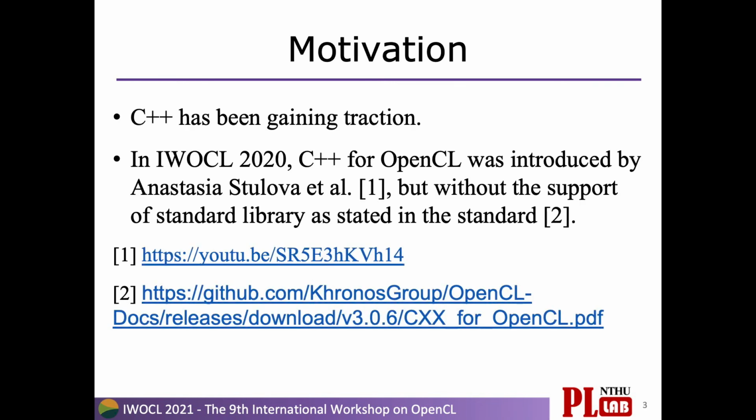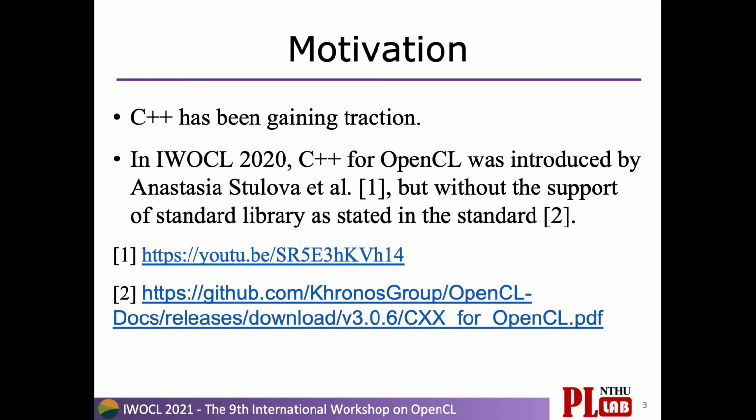C++ has been gaining traction. Exhibit A, C++ for OpenCL, was introduced last year by Anastasia Stulova et al. But the support of the standard library was nowhere to be found.